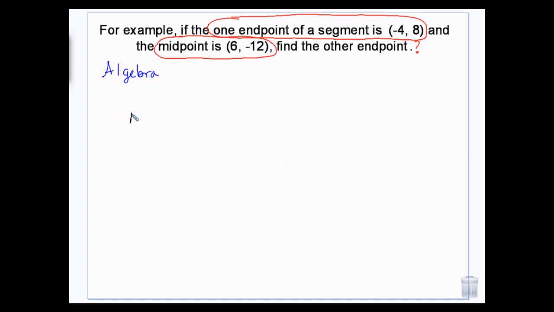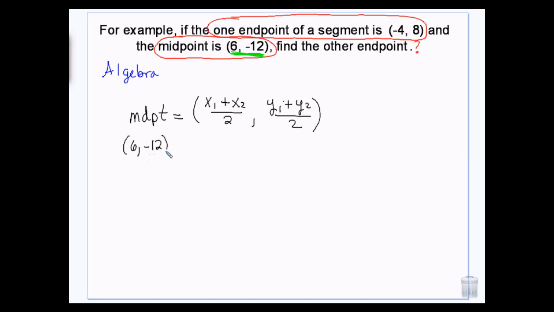Now remember we have our formula which tells me that the midpoint is equal to the x's being added, divided by 2, and the y's being added, divided by 2. Midpoint is right here. Okay, I have one end, so I'll call that x1, y1. I don't have the other end.